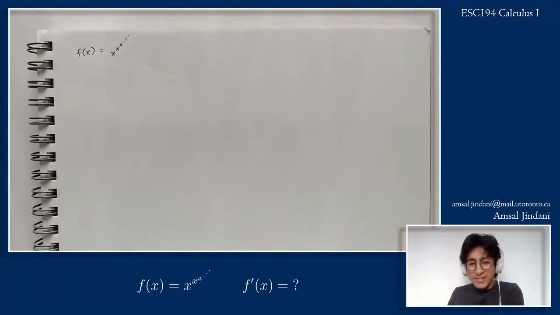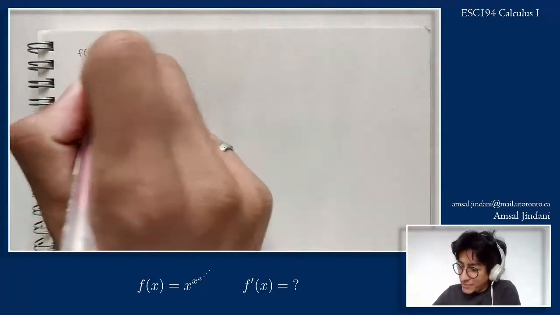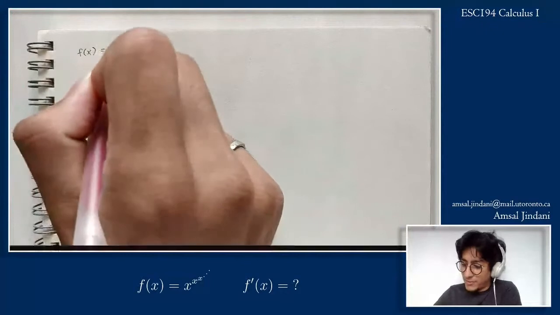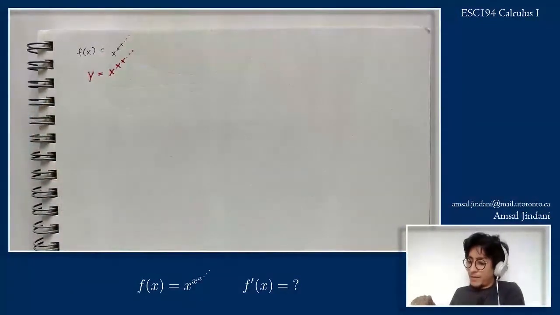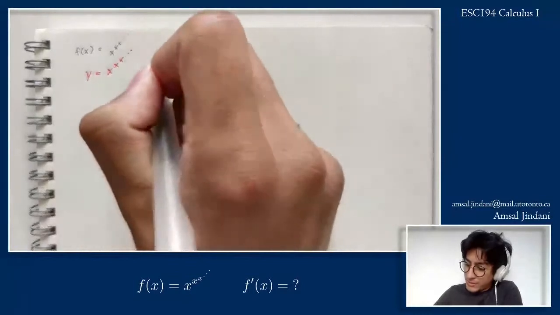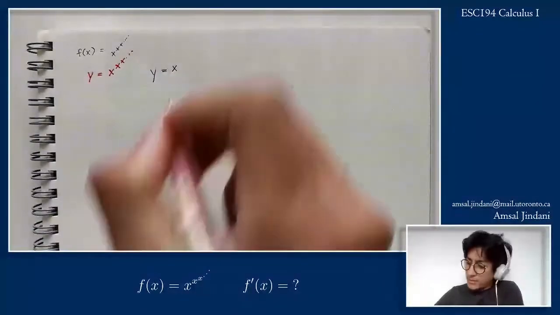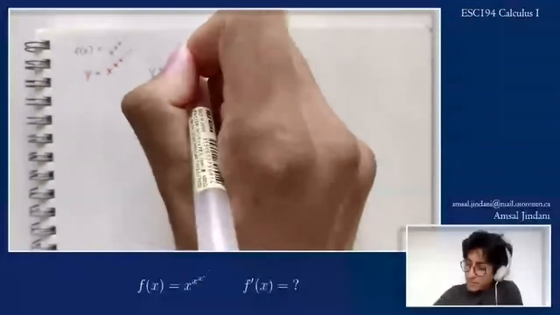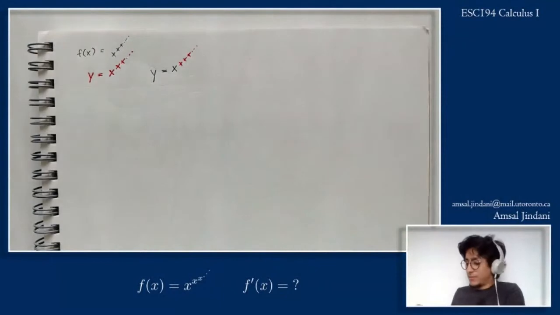Okay, we'll do a really smart substitution. I'm gonna write this function in a different way. So instead of f of x, I'm gonna use y. So y equals x to the power x to the power x, blah, blah, blah. What you'll see is that you have x here, and then the copy of the function is the exponent itself.